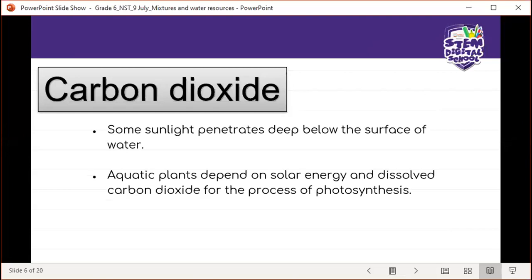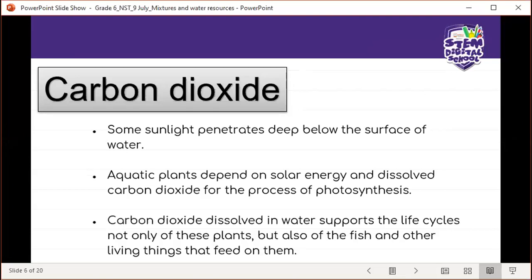All right. And then the last bullet says that carbon dioxide dissolved in water supports the life cycles, not only of these plants, but also of the fish and other living things that feed on them. Okay, so carbon dioxide is also one of the natural substances which dissolves in water, and its uses are for the aquatic plants as well as the aquatic animals to assist in their life cycle, right?